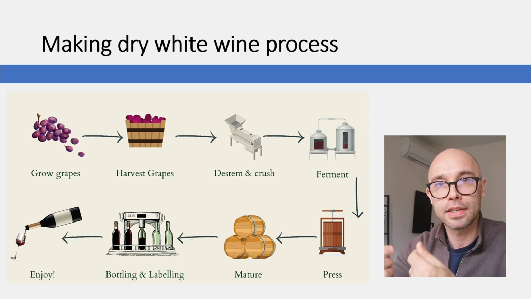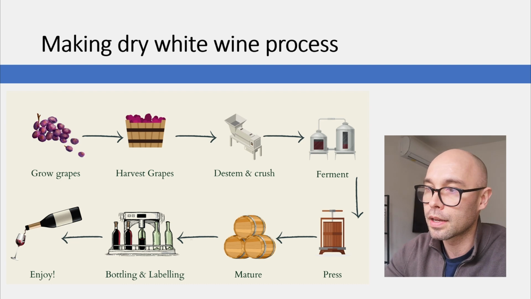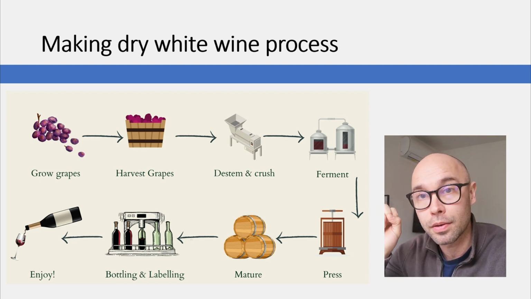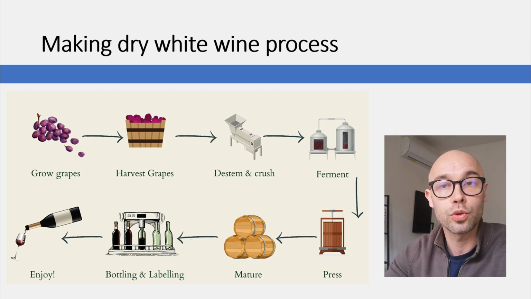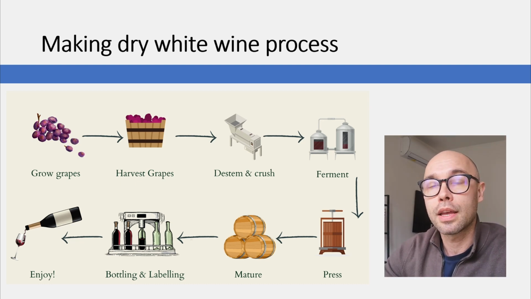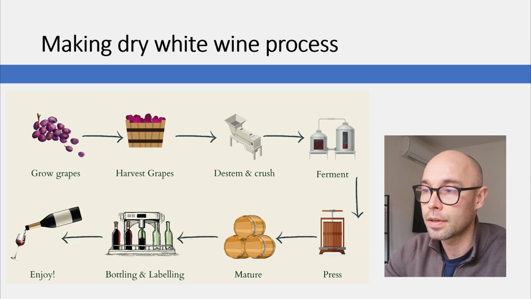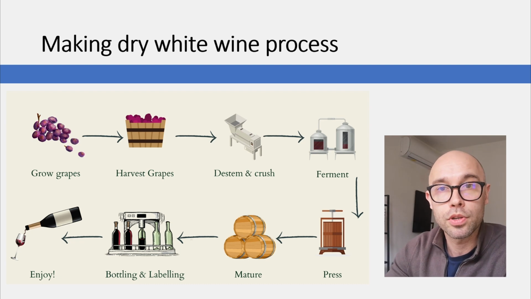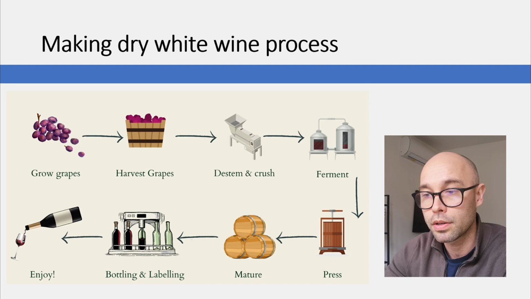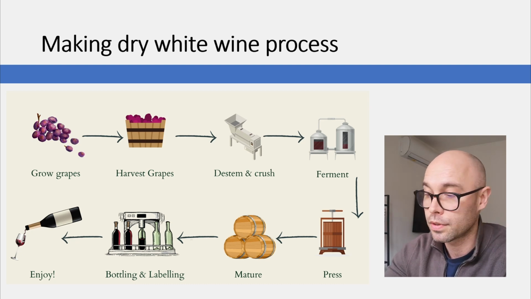You ferment your white wine at lower temperature in order to extract and create these floral and fruity aromas. After the wine finishes the fermentation, you have an option to store it in stainless steel or to age it in oak barrels, and then the wine is ready for bottling and for sale.